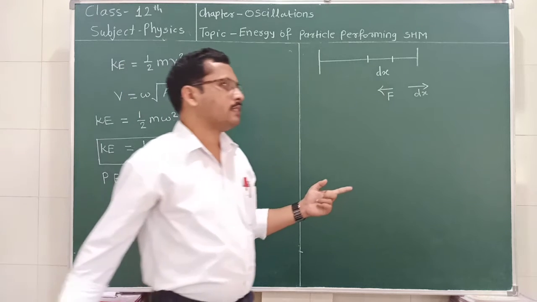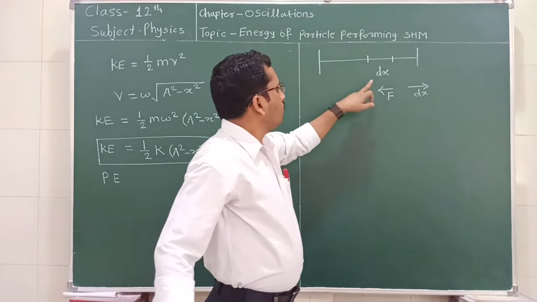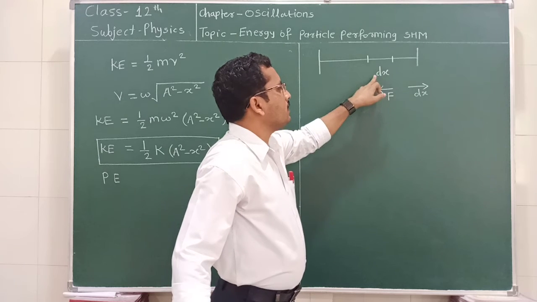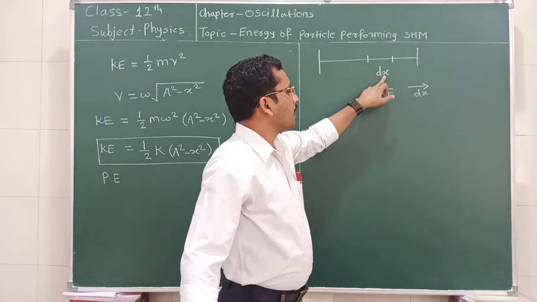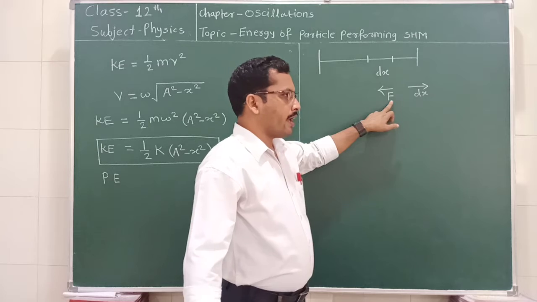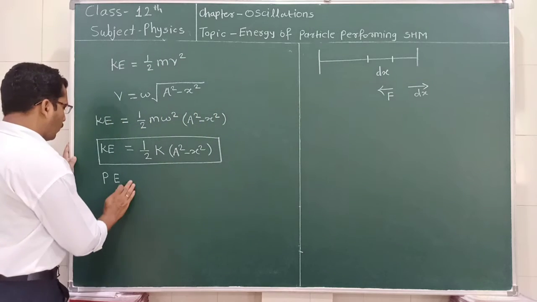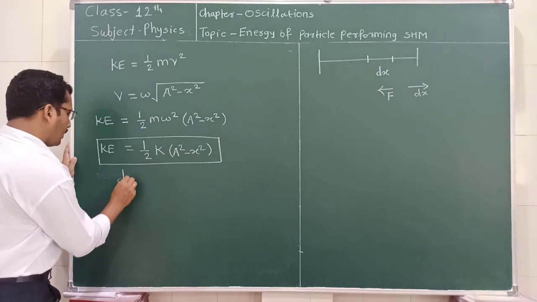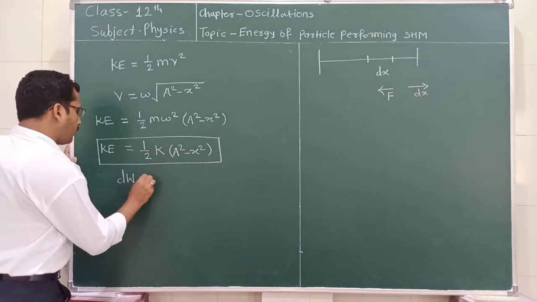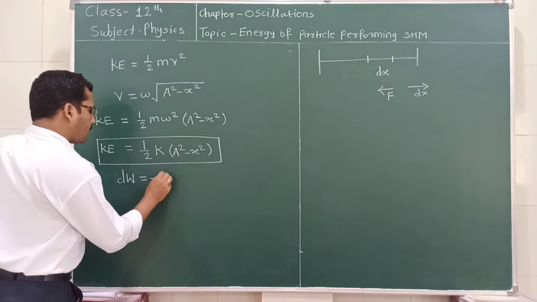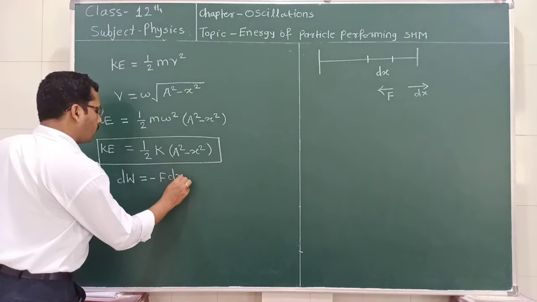So to travel this distance dx opposing the force F, some work must be done, and this work we can write as dW = −F dx.